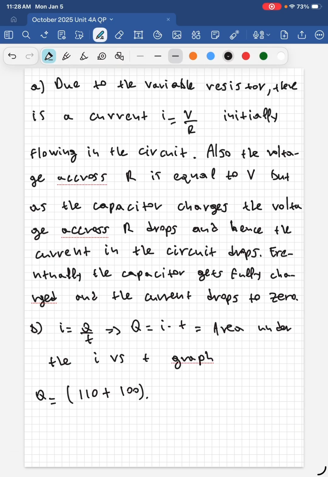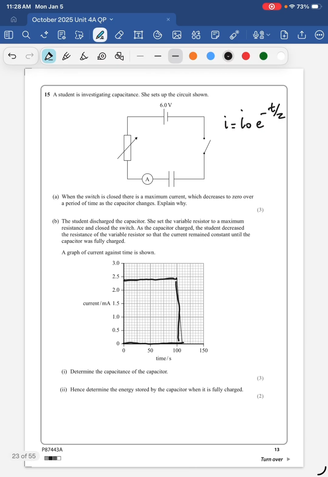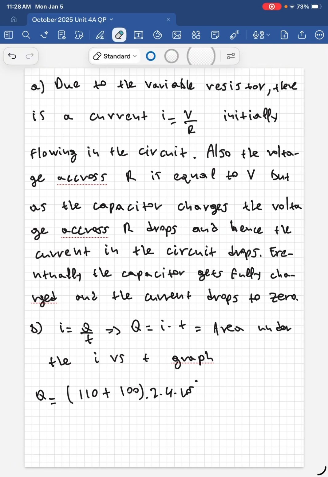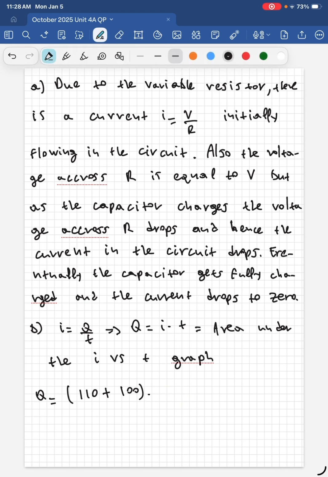Times the height, which is 2.4 times 10 to the negative 3. My handwriting is horrible, I apologize. Don't forget to divide by 2. I forgot when I was solving it.